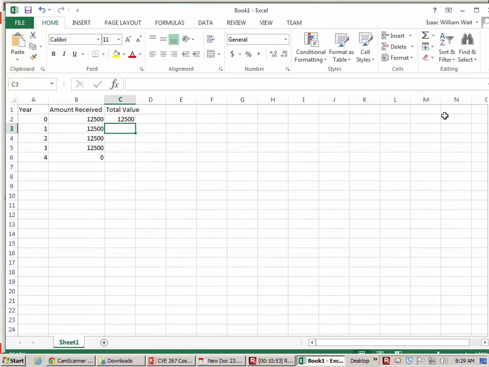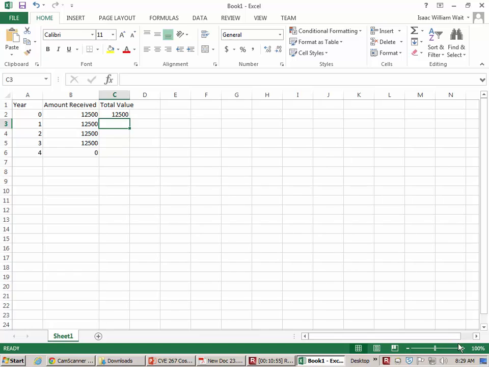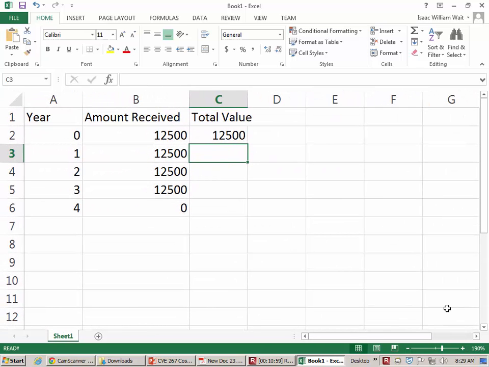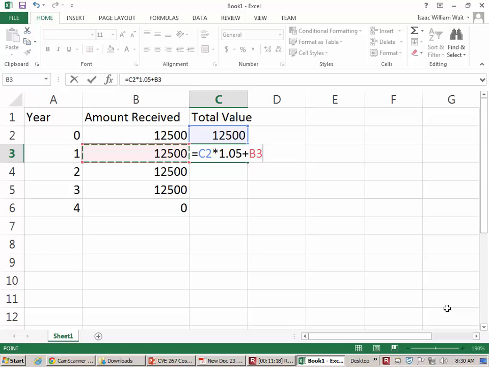Are there any Excel gurus, people who really love Excel and use it a lot? Any suggestions on how I find out the total amount that I owe at the end of the first year? Okay? It's going to be the previous amount times 1.05 plus the amount I got this year.